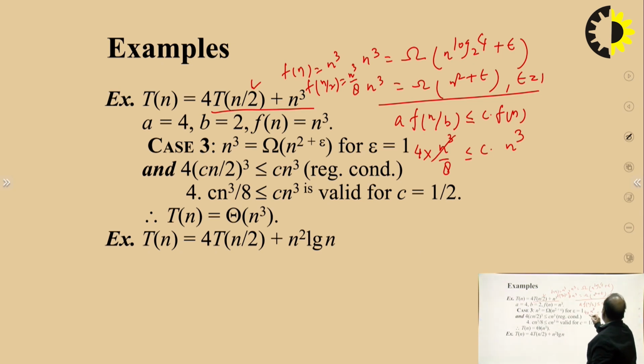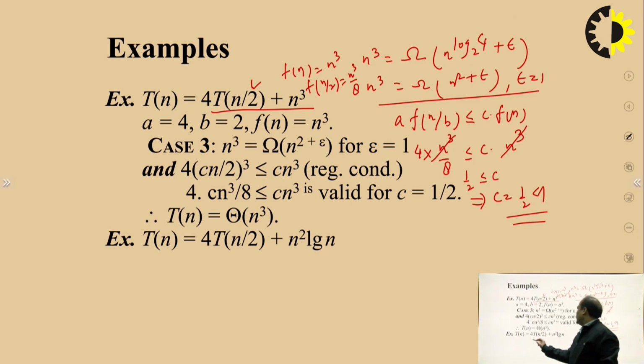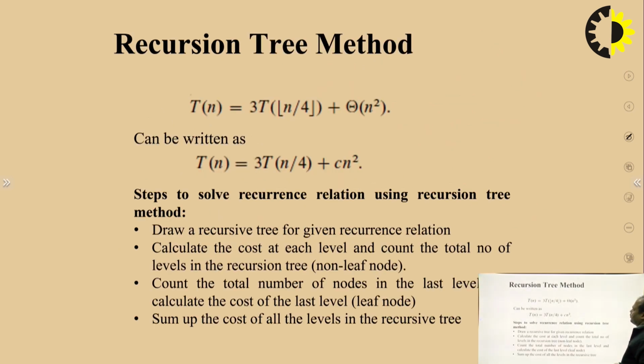Now n cube is cancelled out, so 1 by 2 is less than or equal to c. This implies that c equals 1 by 2, which is less than 1. That means the regularity condition is also satisfied. Clear? Therefore, T(n) is directly proportional to f(n), and f(n) is n cube. So this is a very simple method actually.